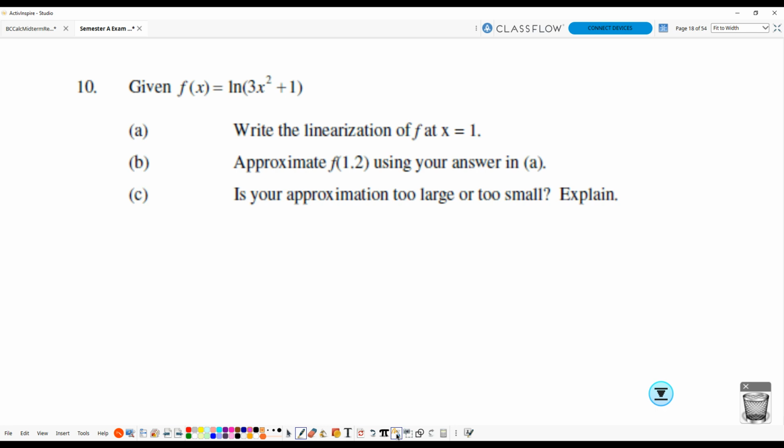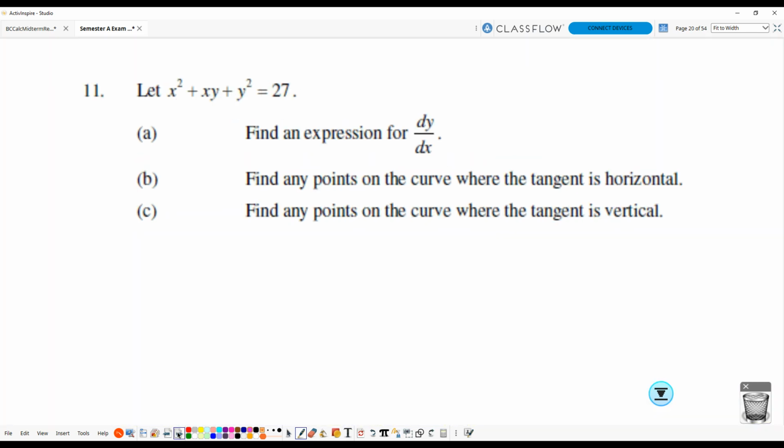So it was 10, then 11? That's 11. Oh, wow. Is that a circle? I can't tell. What's the equation of a circle? Carson, that was you. x squared plus y squared equals something.